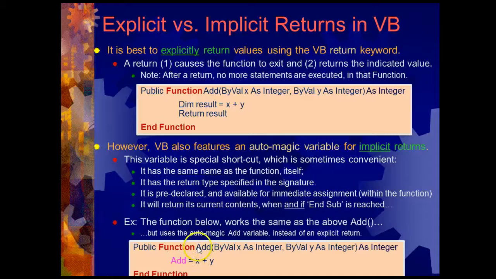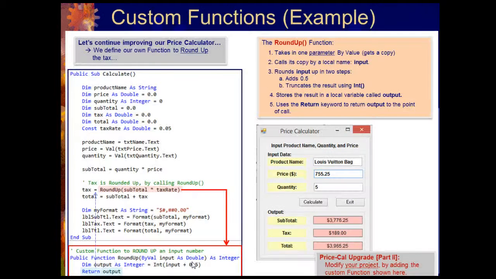Here, if you would say output equals the name of the function, that would serve the same purpose. So instead of writing return output, if I wrote roundup equals output, that would give us the same result. Okay, so that's a review.